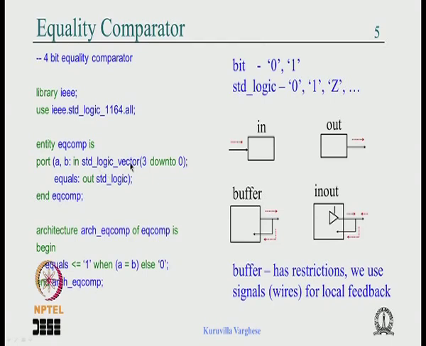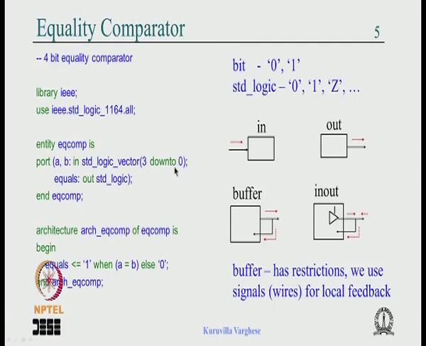And standard logic vector is a repetition of the standard logic, like a 4-bit standard logic vector, and as I said you could write 3 down to 0 or 0 to 3, okay. There is a difference. When you write 3 down to 0, the most significant bit is 3 and the least significant bit is 0.